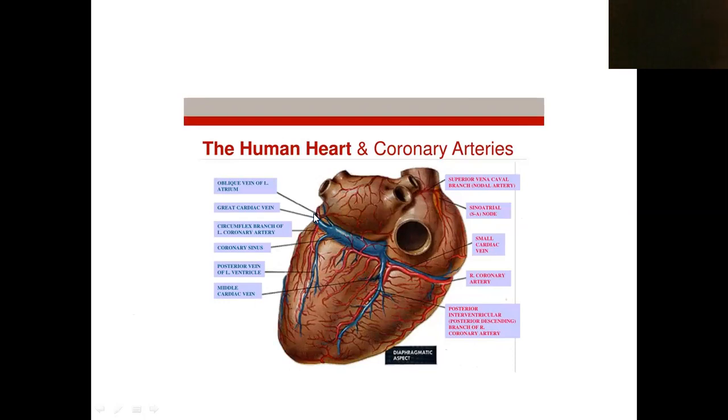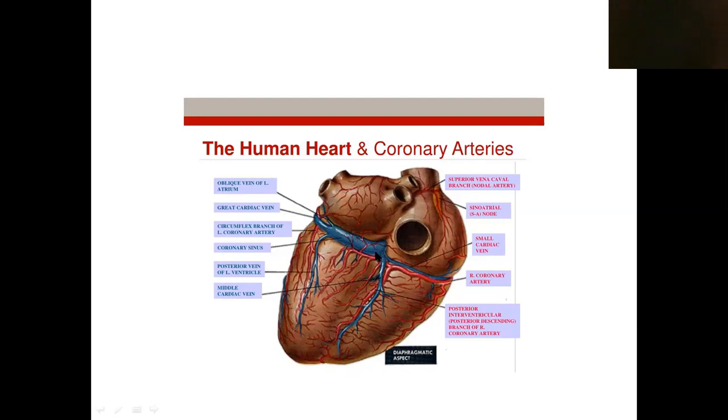Okay, it winds around the left border and lies in this groove between the left atrium and left ventricle. It is known as left atrioventricular or left coronary sulcus. Which part of the left coronary sulcus? Posterior part. So this artery winds around the left border and lies in the posterior part of the left coronary sulcus and reaches the posterior interventricular sulcus.